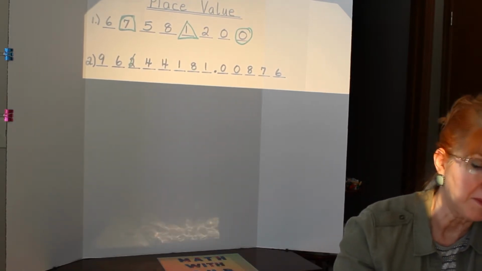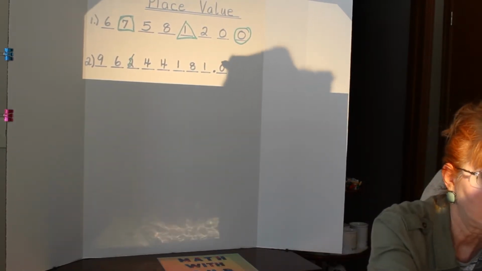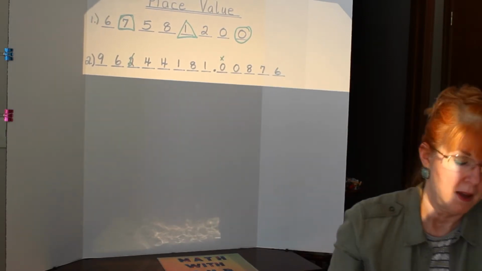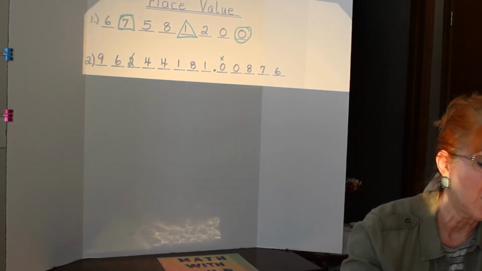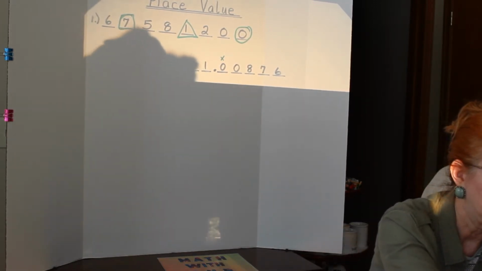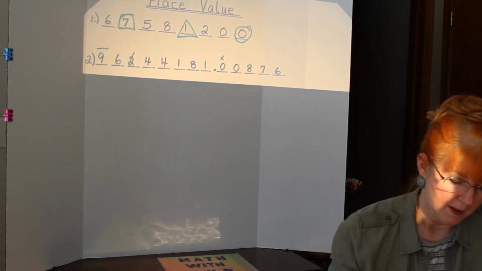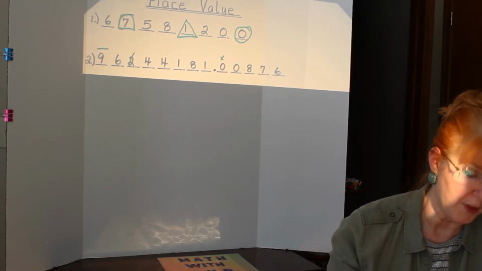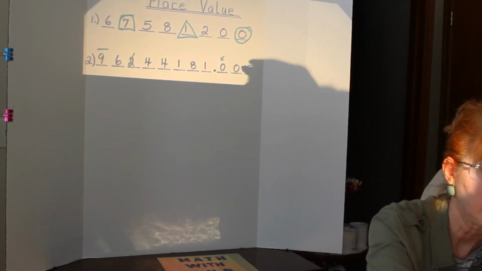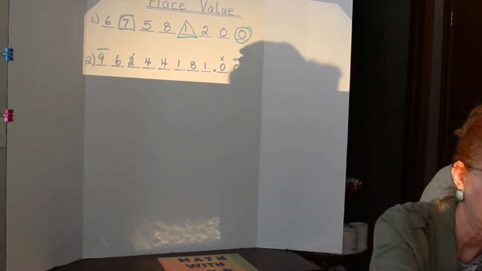Place an X over the number in the 10th column. Over the number. 10th column, place a line over top of the 10 million column. Place a wiggly line over the number in the 100th column. Where am I here? 10th, 100th. Wiggly line.